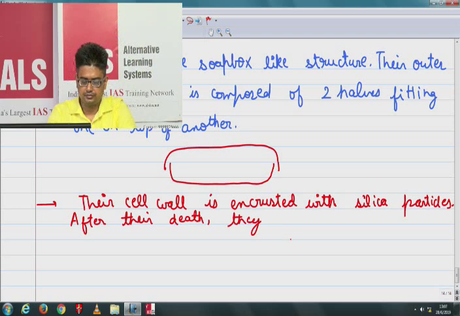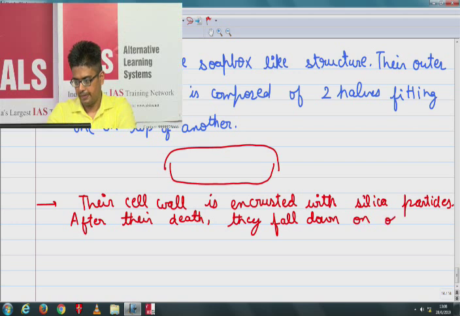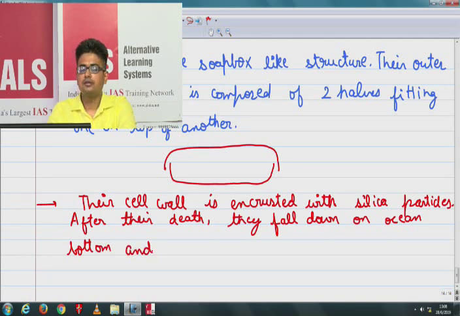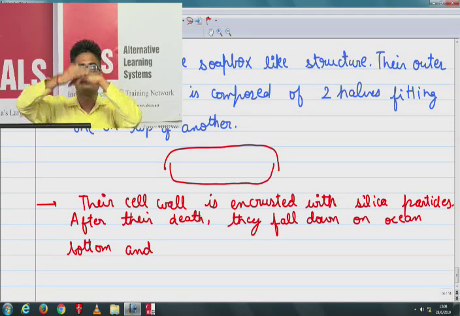After their death, they fall down on ocean bottom, and after millions of years, they will be deposited one on top of another.